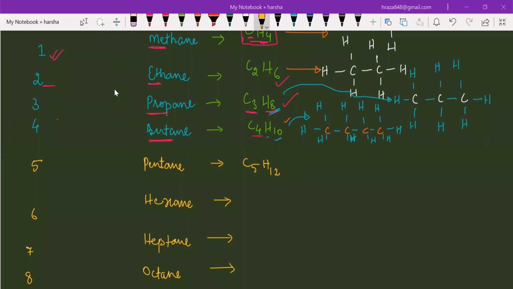Arshia, let me know when you are done with this. Done, sir. Very good. Afra, have you written the formula of all this, hexane, heptane, octane?